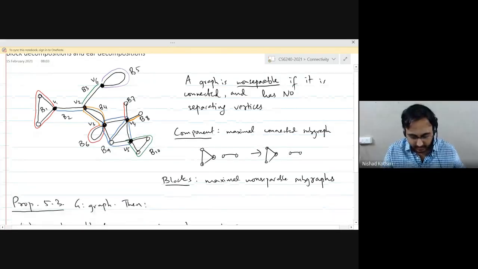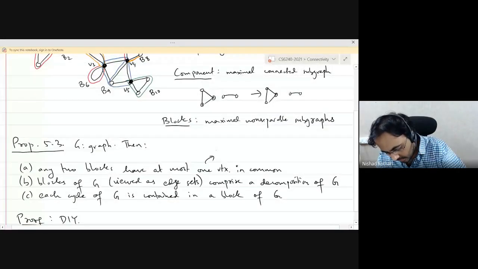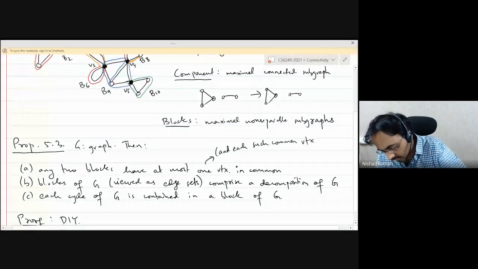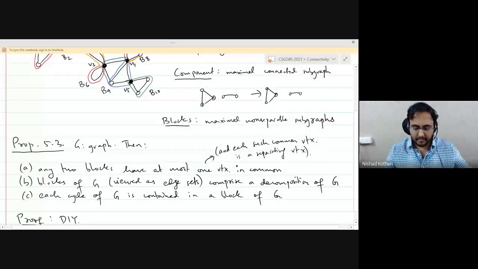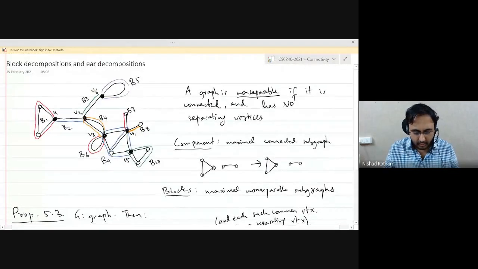So you can make another comment here, and each such common vertex is a separating vertex. Thank you. So that is correct. Okay. And you can visualize this proposition in this example, for instance, if you like.